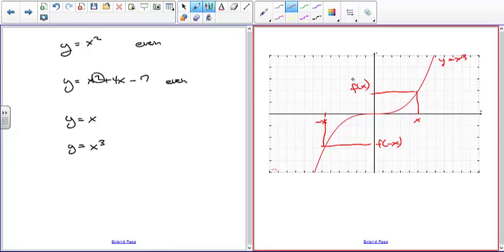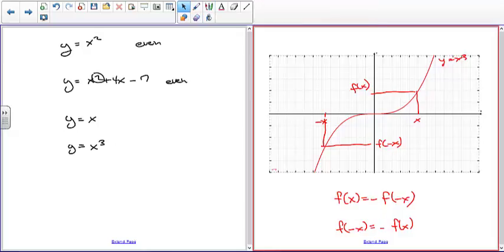What you see is that f of minus x equals minus f of x. For an even function, a lot of times the function and the function evaluated at the additive inverse location are equal to each other, but here you've got the negative sign involved.